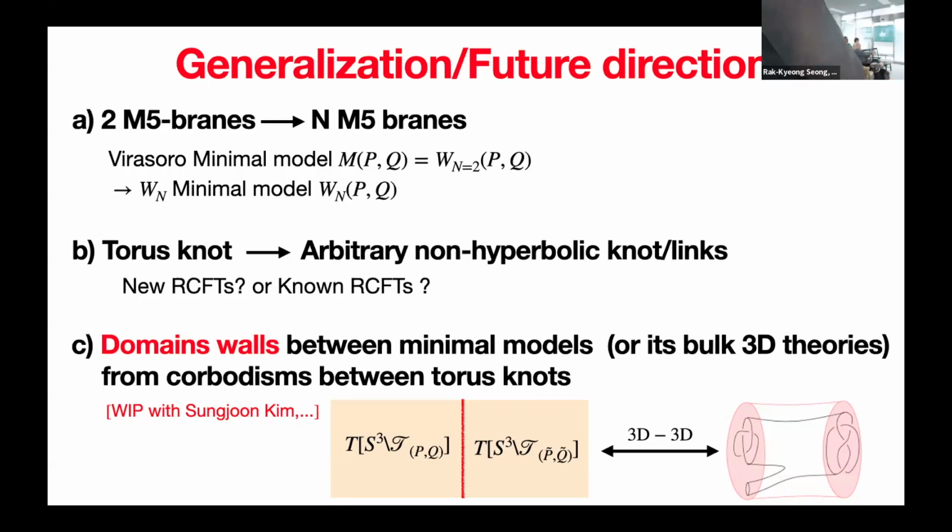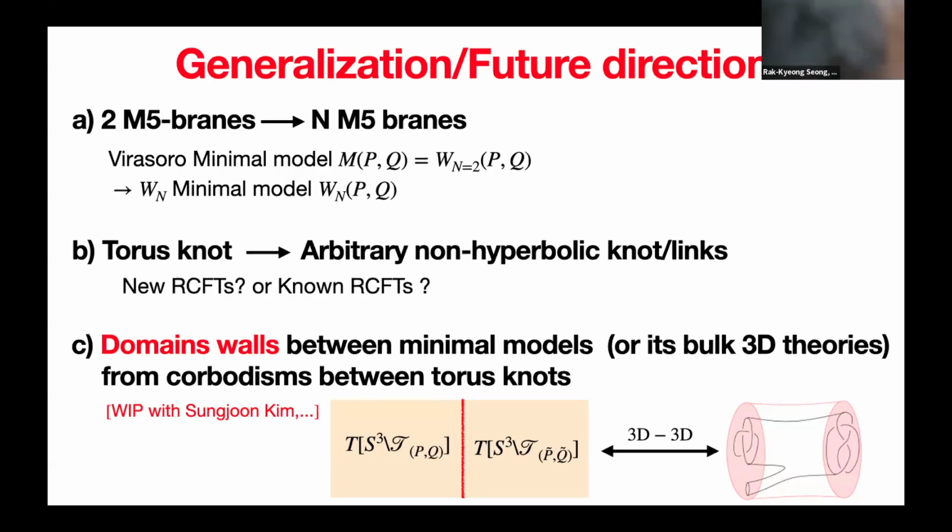In the 3D field theory sense, we are considering a two-dimensional domain wall which separates two different Virasoro minimal models, labeled by (P,Q) and (P',Q'). In terms of the 3D-3D correspondence, this geometric domain wall will correspond to a cobordism between the two torus knots. Although I have not drawn the torus knot, we can consider a cobordism between the two knots.